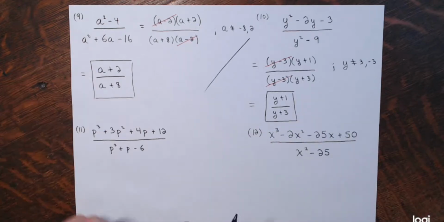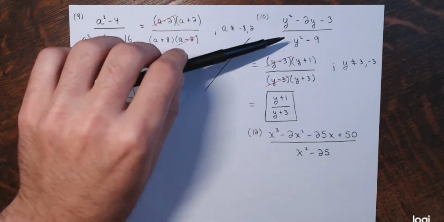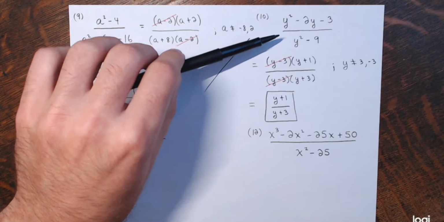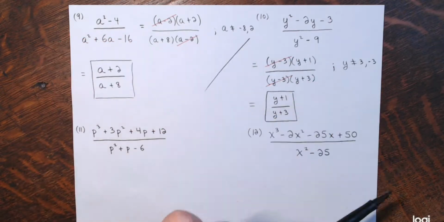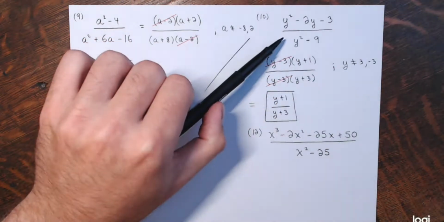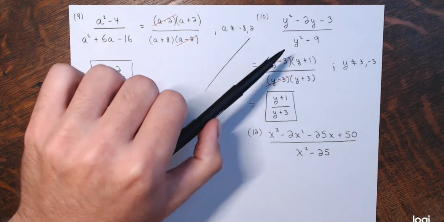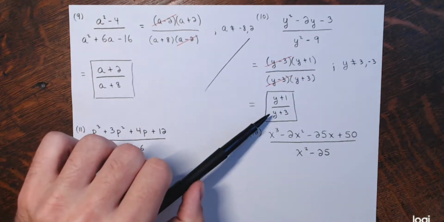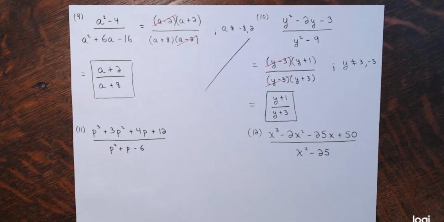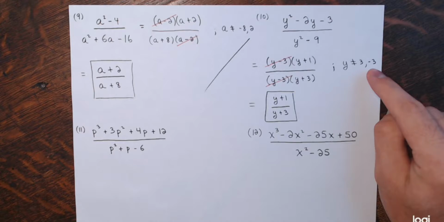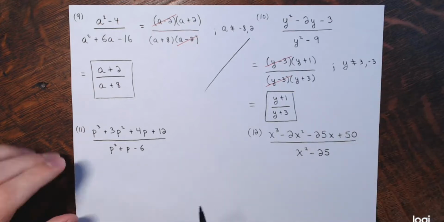And again, if you want to test it out, replace y with any number you wish, except 3 or -3, and the value of the original fraction should be exactly the same as the value of this simplified fraction. If they truly are equal, they'll be equal for any value of y that's allowed, just not 3 or -3.